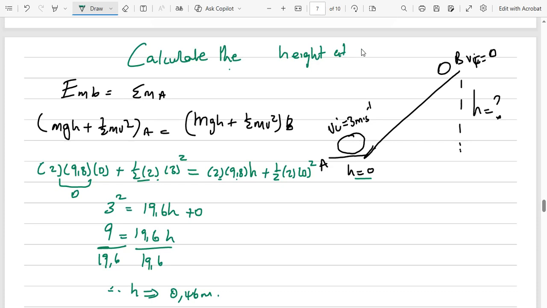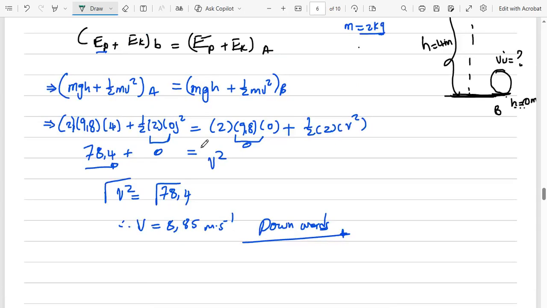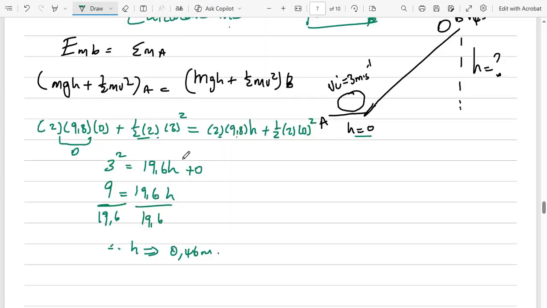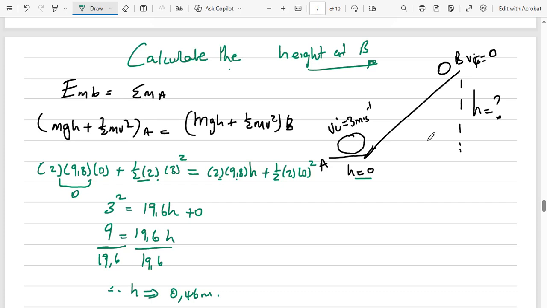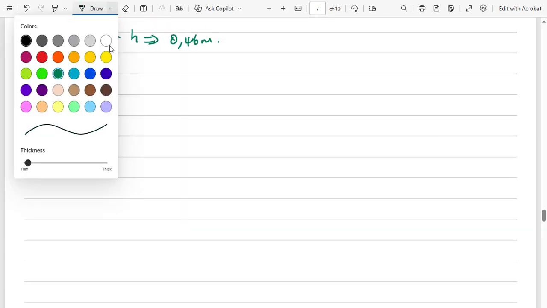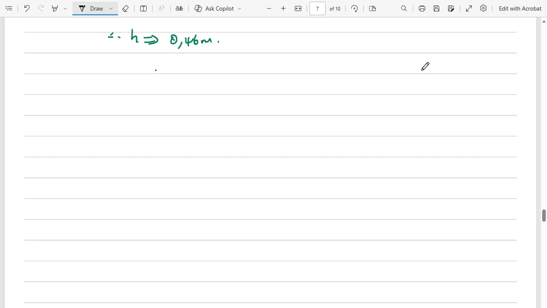Are you happy with that? So this is the first case, where the ball is dropped. The second case is where the object will move on an incline. In number 3, you'll get something like what we call a pendulum. So it goes like this.